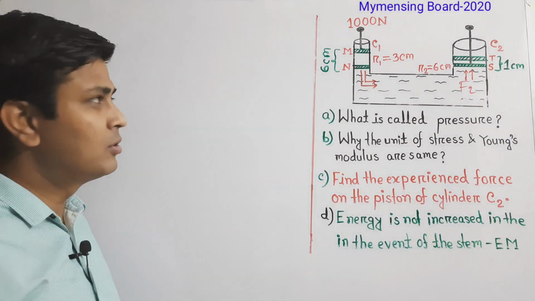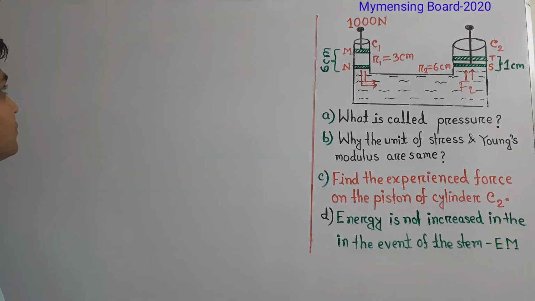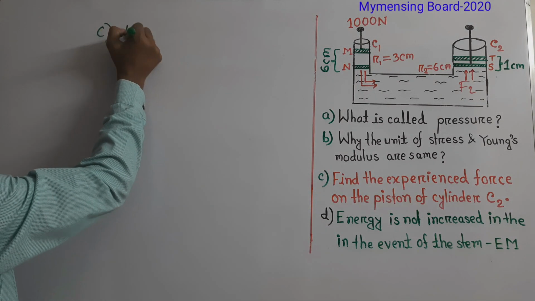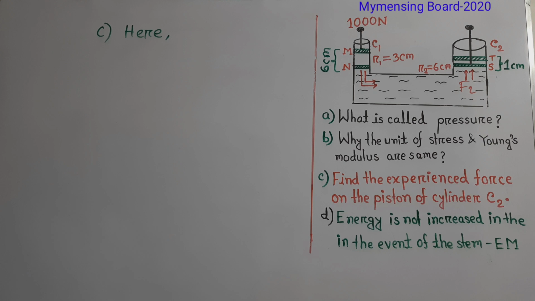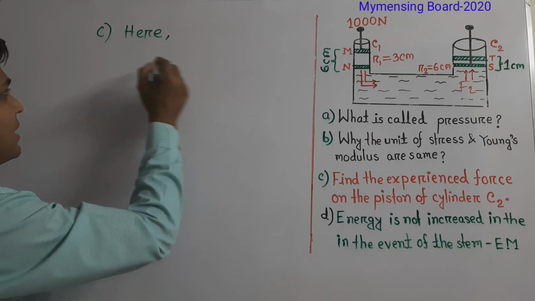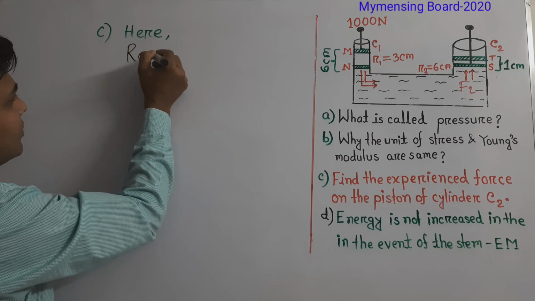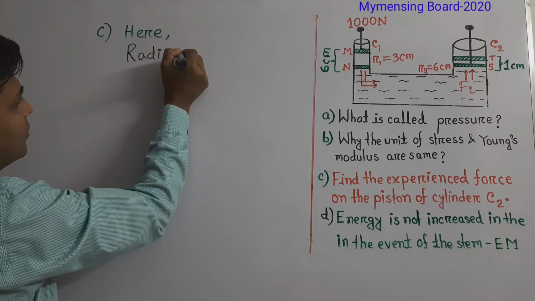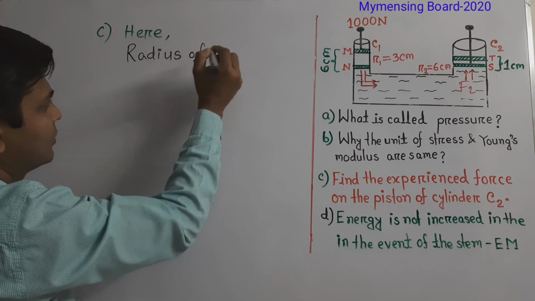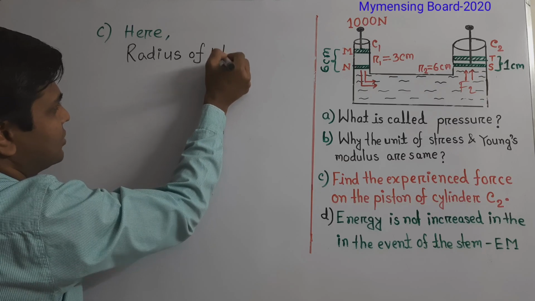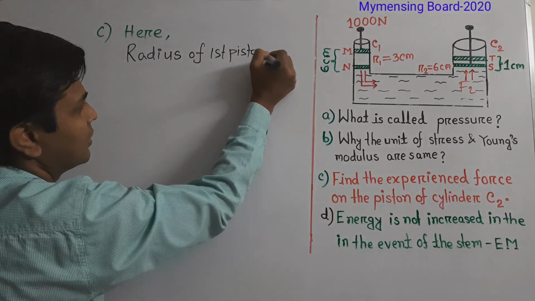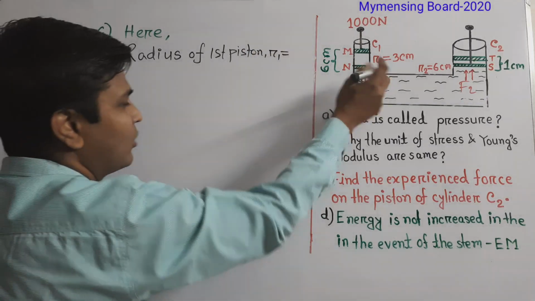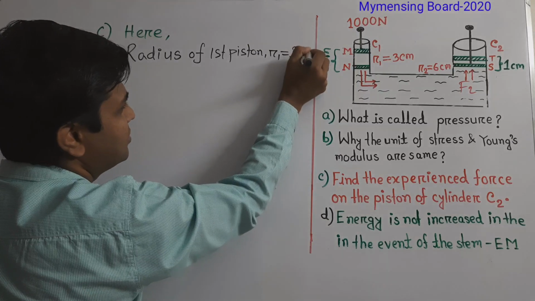So let's see what the given quantities are. The radius of the first piston is R1, and the value given here is 3 centimeter.